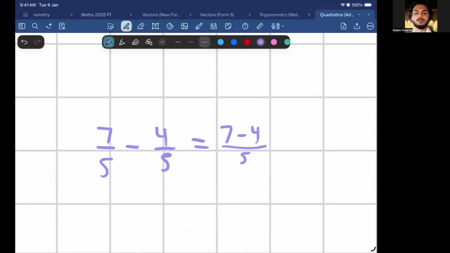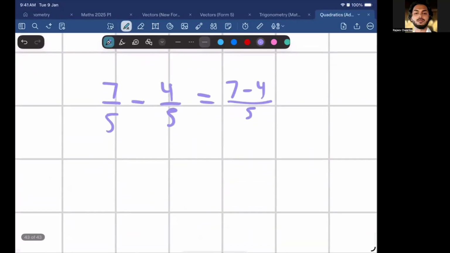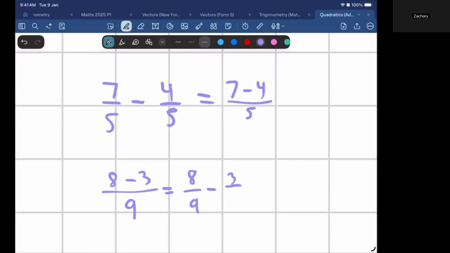Okay, right? I want you to work in reverse now. Let me say you had something like 8 minus 3 over 9. What was another way I could write that? 8 over 9 minus 3 over 9. Caleb, you understand that? Yes, sir.